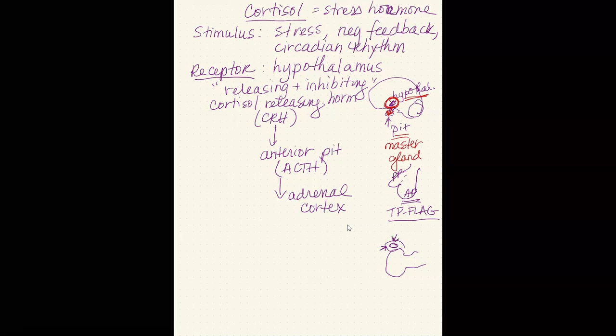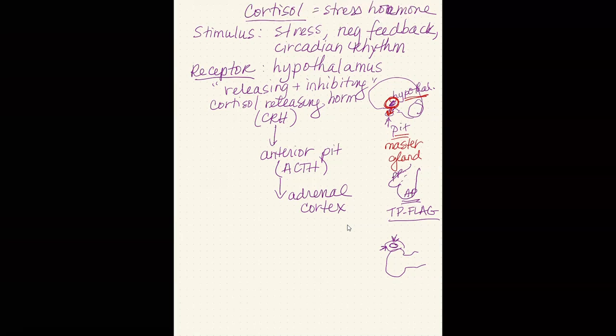So we have this corticotropic axis kind of thing. We go from the hypothalamus to the pituitary to the adrenal gland, so it's a chain reaction. The hypothalamus talks to the anterior pituitary, and then the anterior pituitary talks to the adrenal cortex.